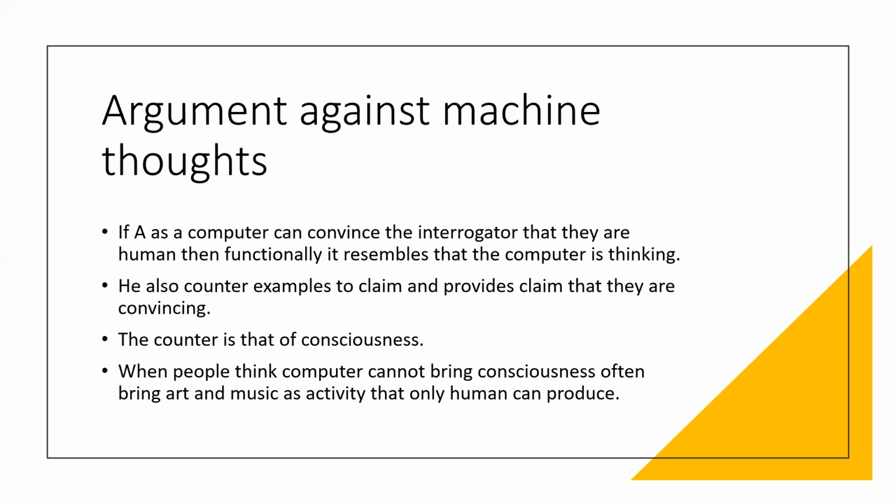He also gives counter examples to this claim and shows that they are convincing. Likewise, when people think a computer cannot have consciousness, they often bring up art and music as activities that only humans can produce.